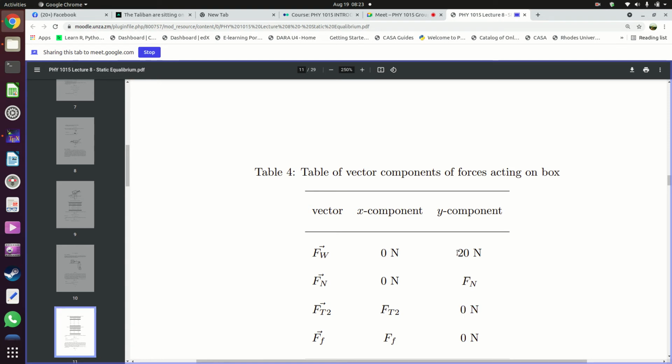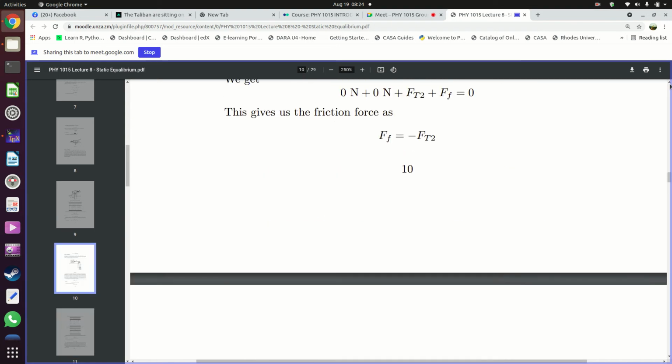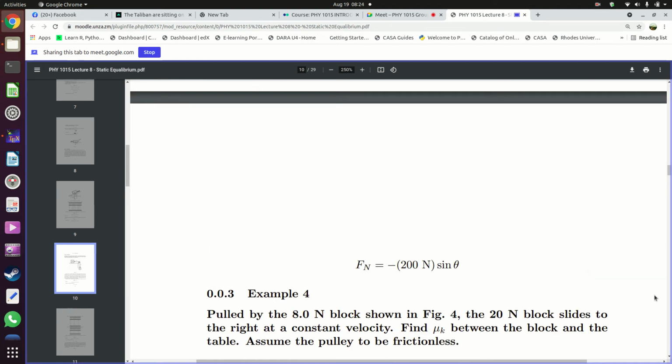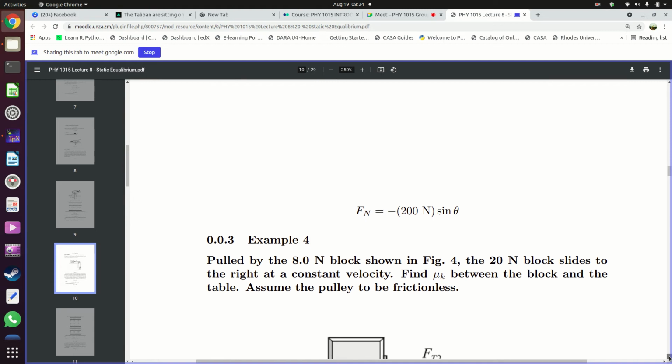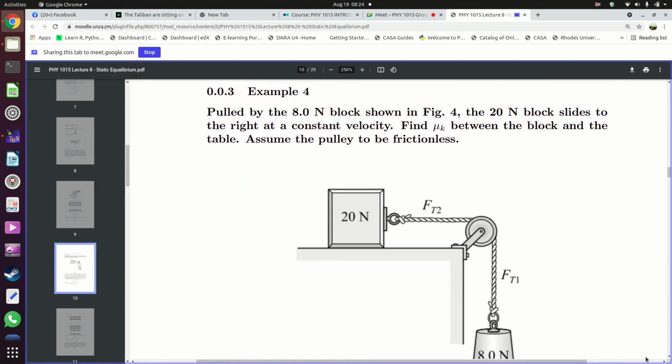So make sure that this 20 is minus 20 here. Then when it comes to the friction force, you notice that the friction force is at an angle of 180 degrees from what we have chosen to be the positive x-axis. If you draw your xy plane over here, then you choose the positive x-axis to be the direction in which the box is moving. So there's going to be an angle of 180 degrees, and the friction force is acting in this direction.